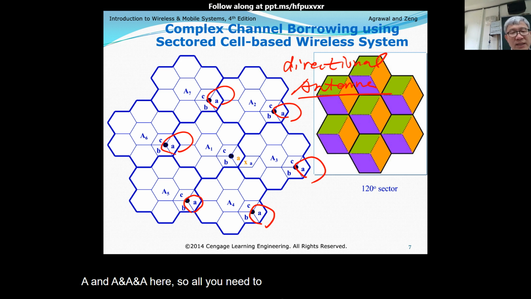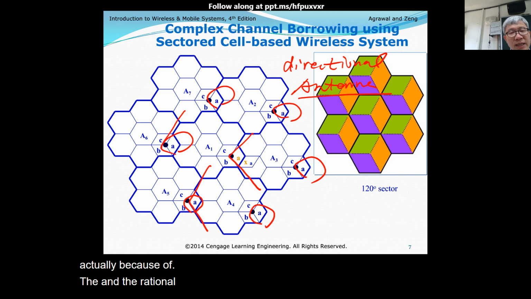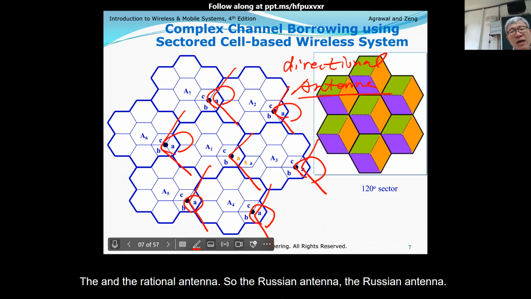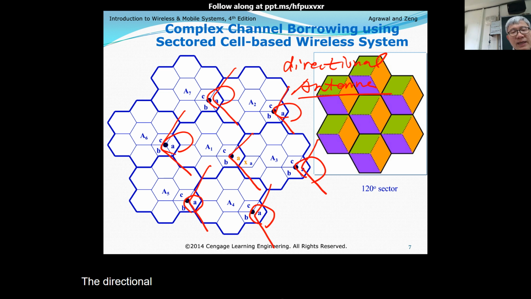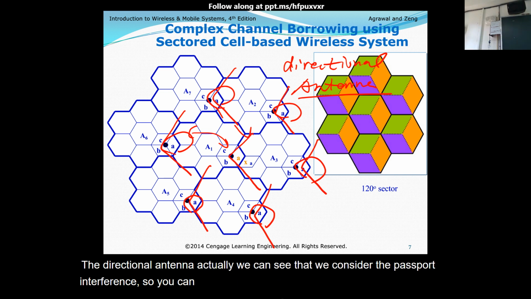Because of the directional antenna, we consider the possible interference, so you can consider where it will affect. So A will affect S.